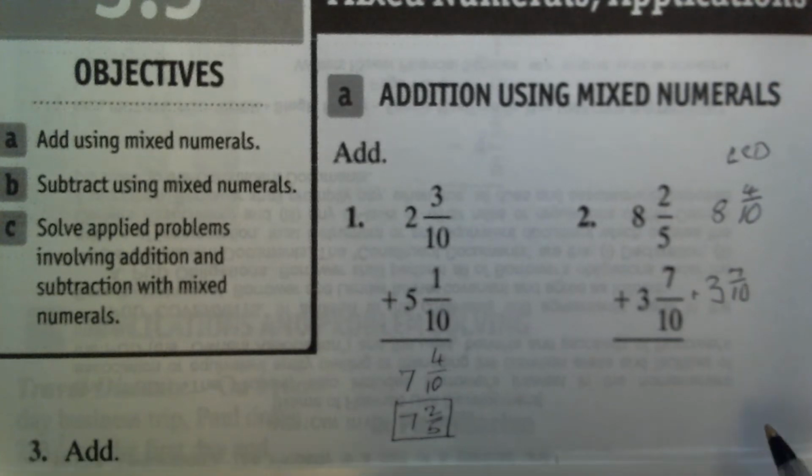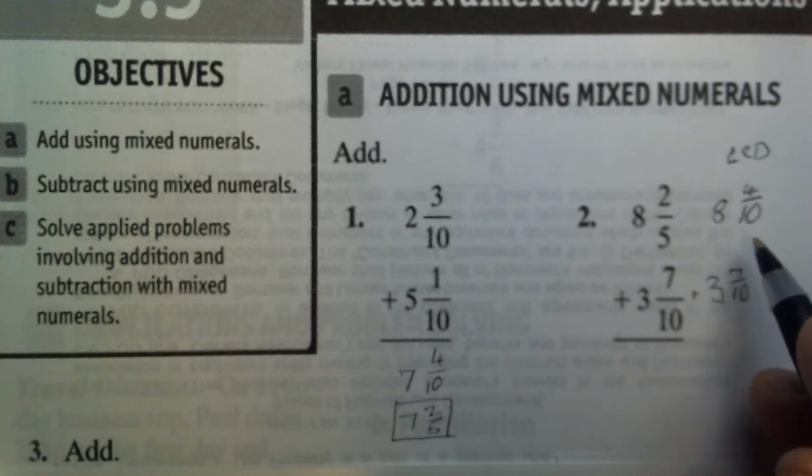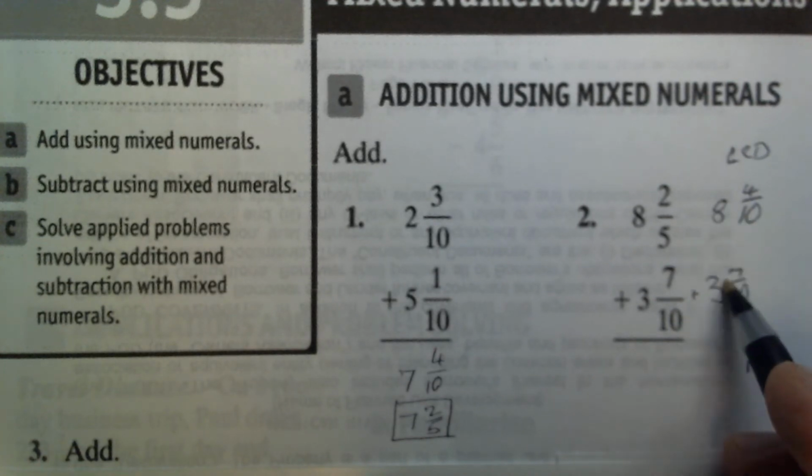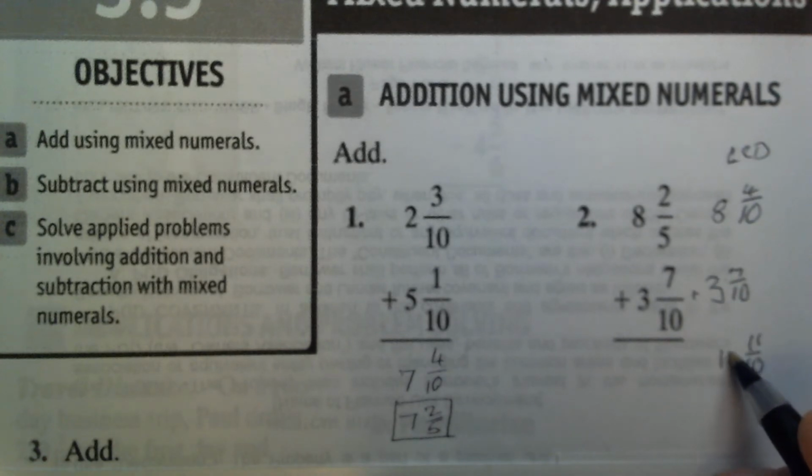So when we add the fractional parts, we get 4 plus 7. That's 11/10, and 8 plus 3 is 11. Of course, 11/10 is the same as 1 and 1/10.